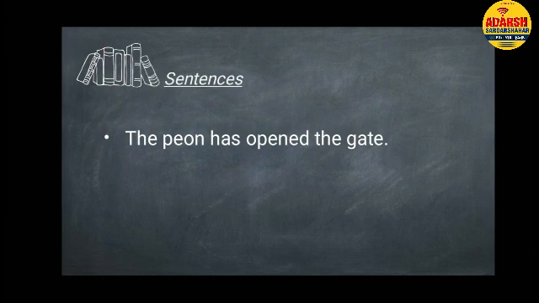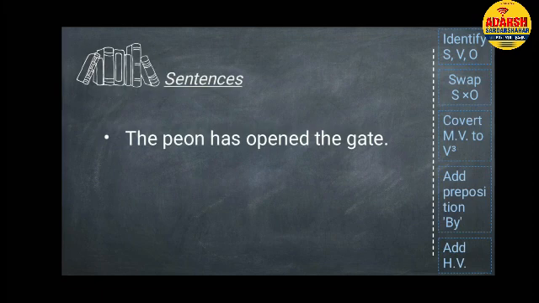Before going on, let us write all 5 easy steps, which are identify subject, verb and object; swap subject to object and object to subject; convert main verb to verb's third form; add preposition by; and add helping verb before main verb. Now let's apply our first step, which is identify subject, verb and object.